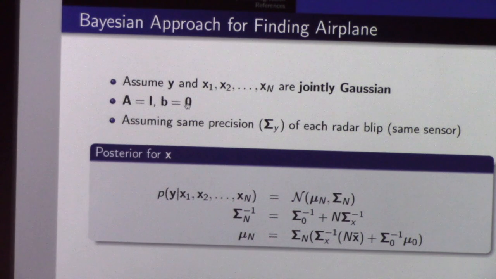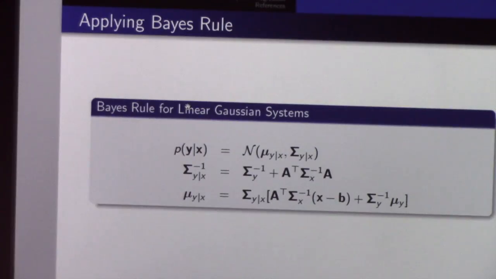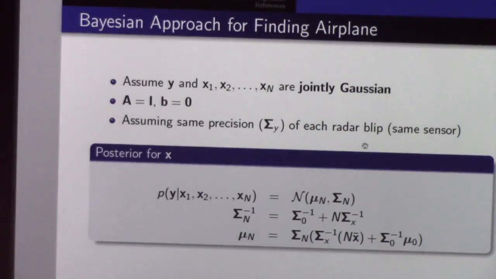But this is actually a very interesting approach, because what you can do now is think of each one of these noisy observations as coming from different sensors, right? And each sensor might have a different error. In this example we are assuming each radar sensor has the same error, but you can assume different errors and combine them.